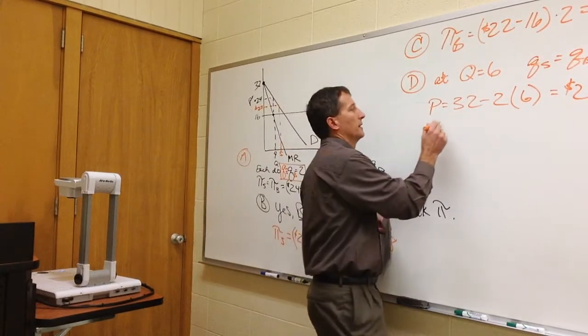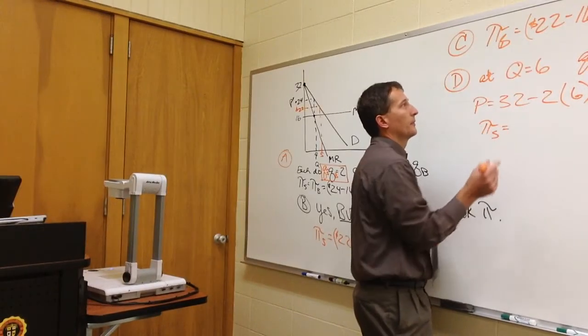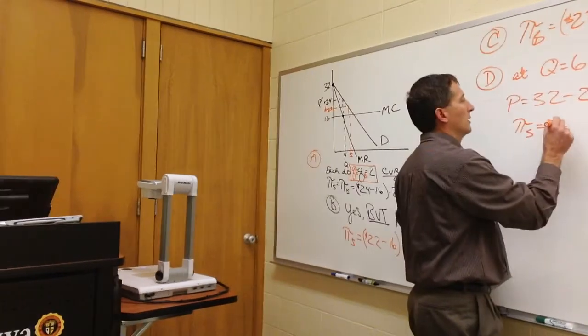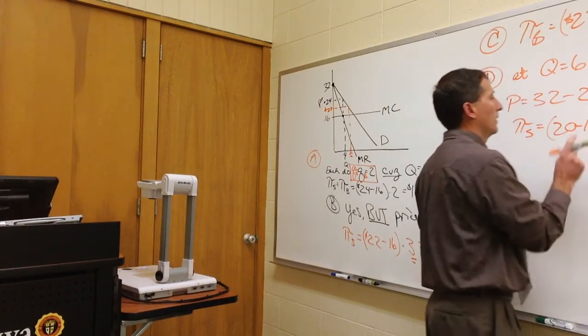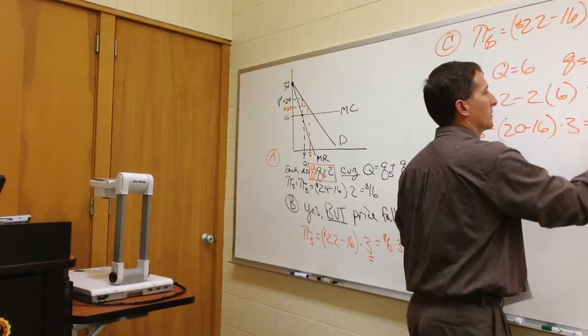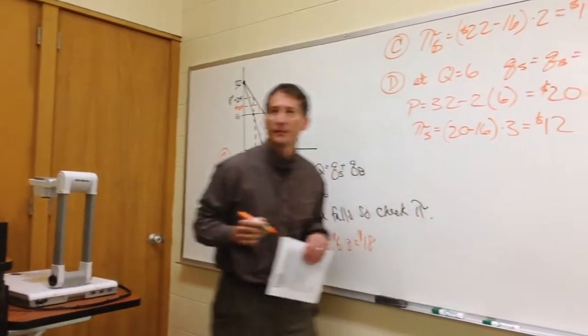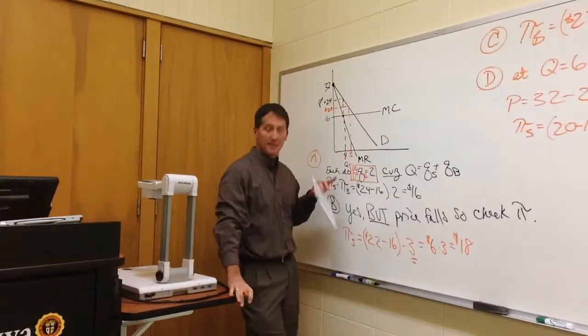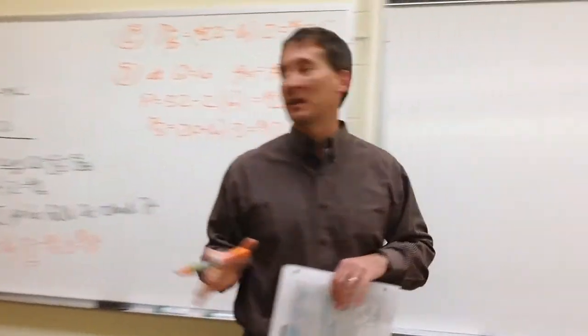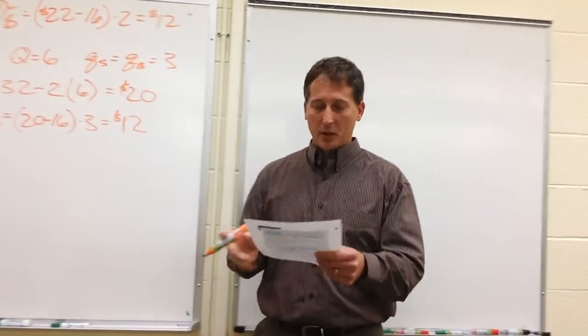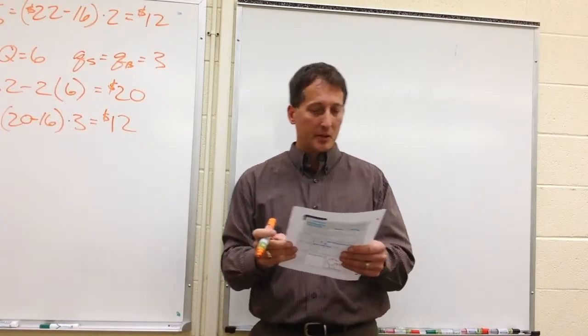And what is profit for Squeaky Clean? 20 minus 16 times 3. 4 times 3 equals $12. And it'll be the same for the other one, right? Because we're both doing 3 and we have things equal in this particular case. The question just asked for Squeaky Clean's, but you're right, they're both.